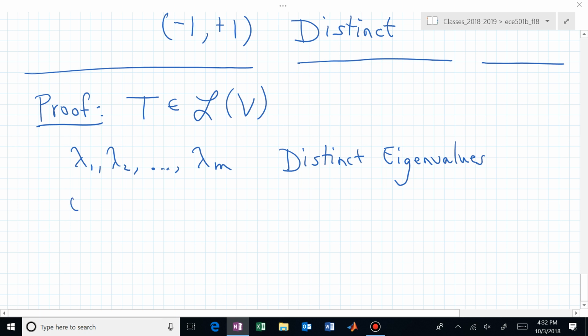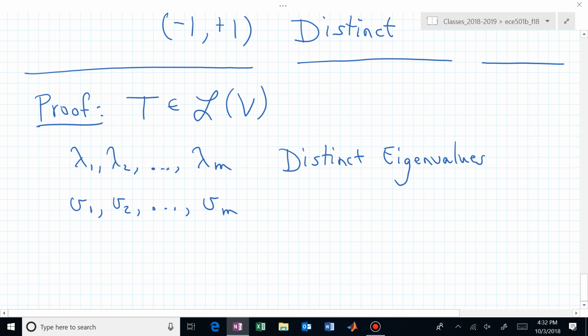So this is now v1. That's an eigenvector. It's not an element. So here's the overloaded use of the subscript. But v1 is a vector. v sub 2 is associated with eigenvalue lambda sub 2. And so on up to v sub m.